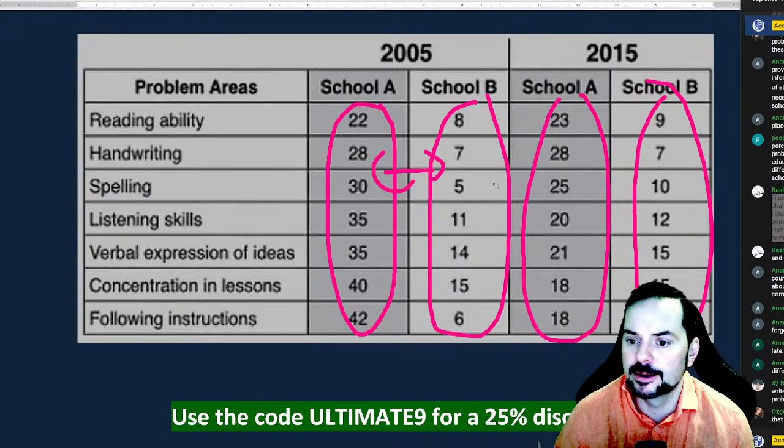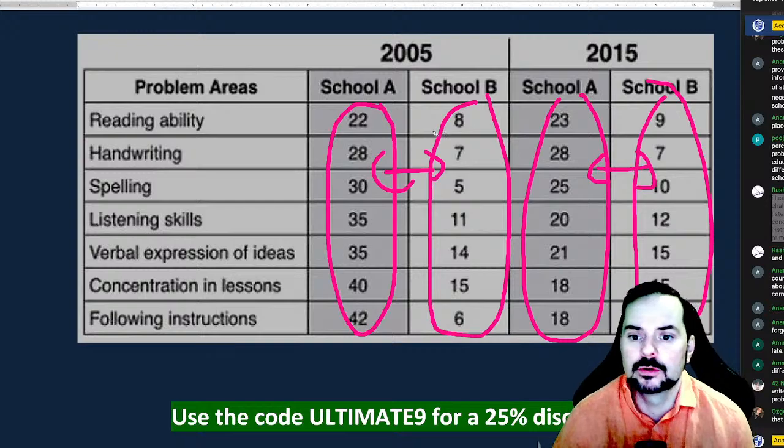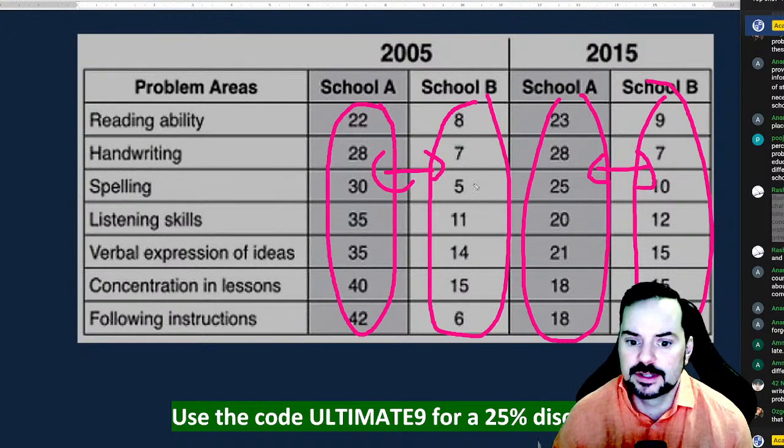So when we compare these, in fact, it's multiple. So almost 3 times in a lot of instances.